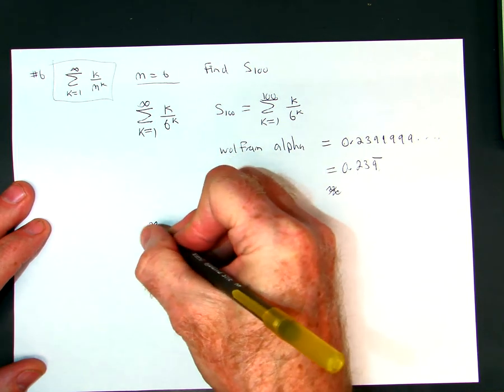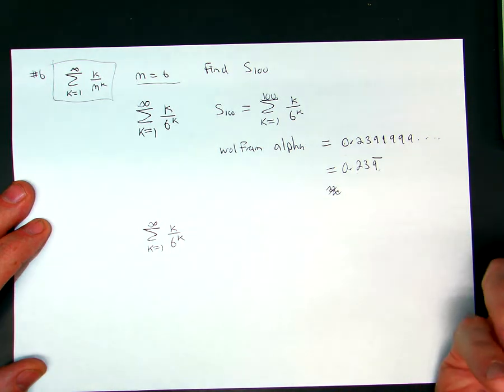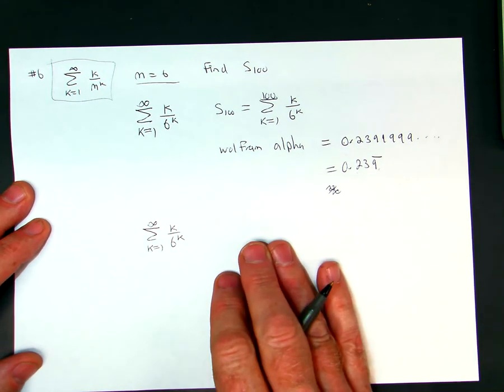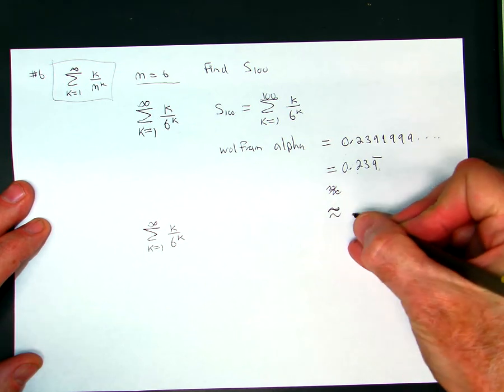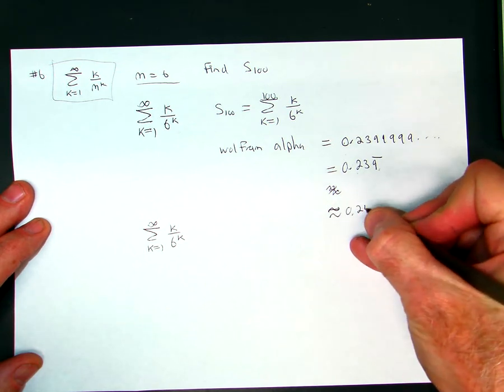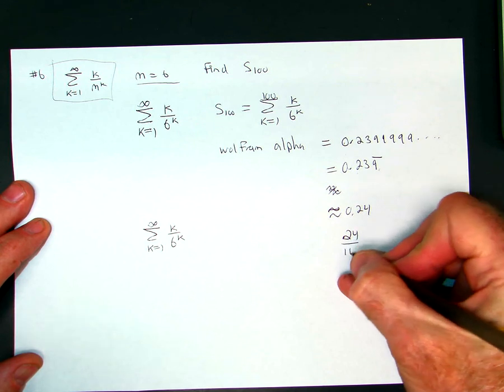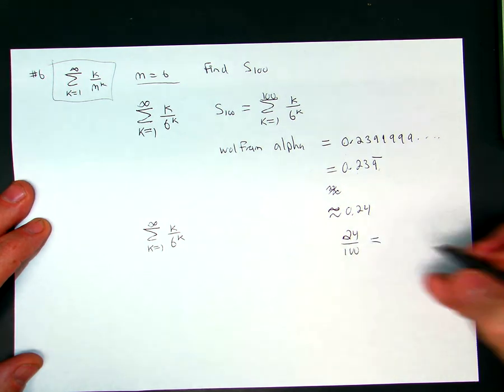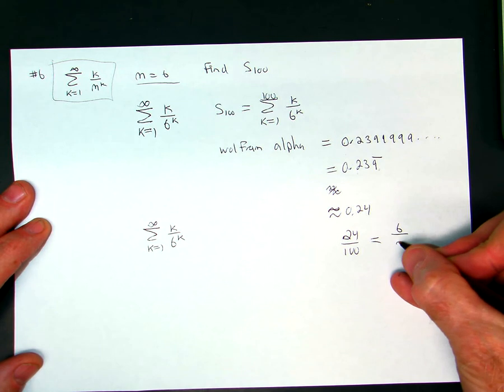Because there's a nice formula. This is going to have a nice formula for it. And I'm not going to tell you what it is because I want you to think about it. But for here, I just want to point out that this is about 0.24. That's 24 over 100 exactly. And if I reduce that, I divide this by 4, I get 6 over 25.